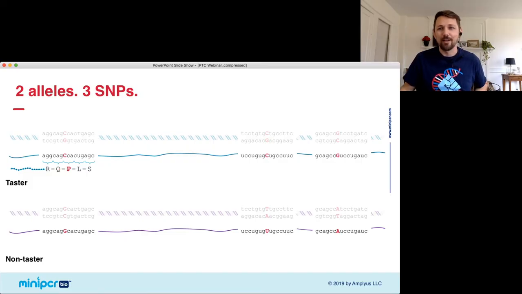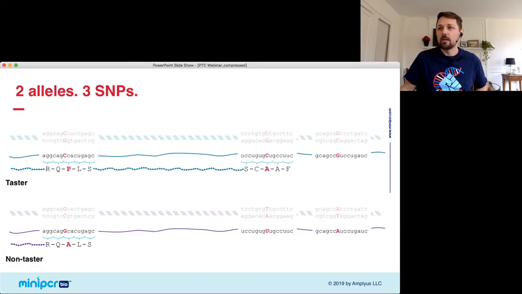I believe it's glutamine. And then P stands for proline. When we look at the taster allele, when we translate this mRNA into protein, we have all these amino acids, and then we get arginine, glutamine, I think, and then alanine. So proline and alanine.